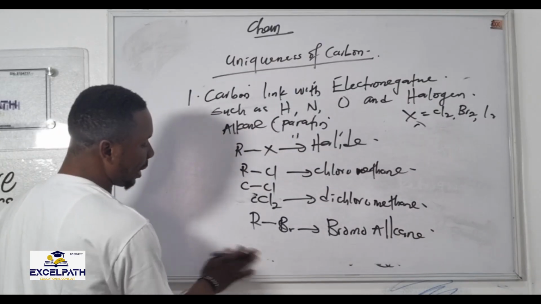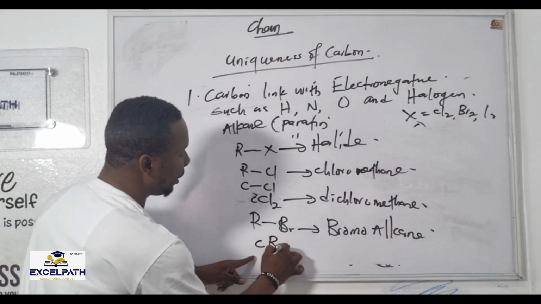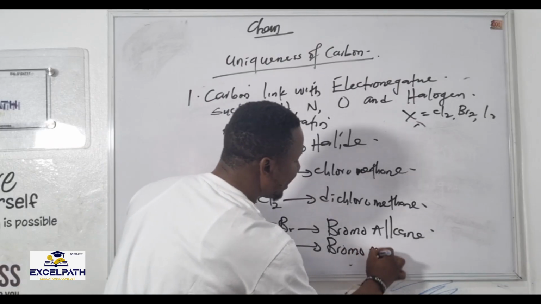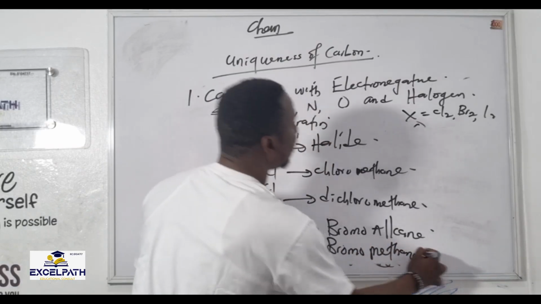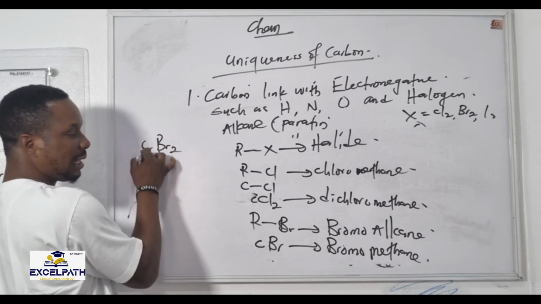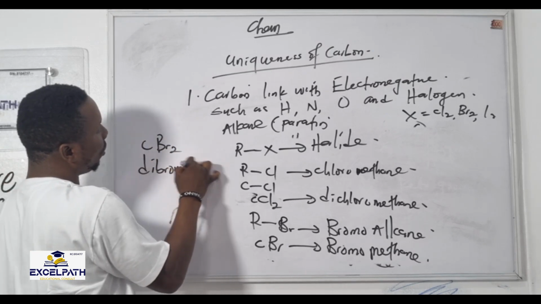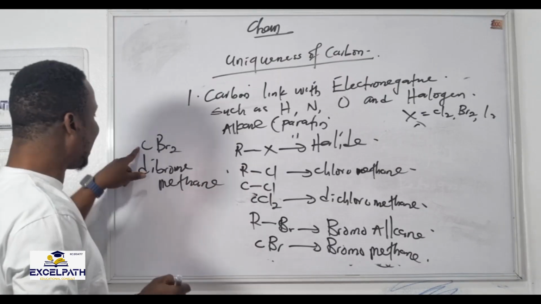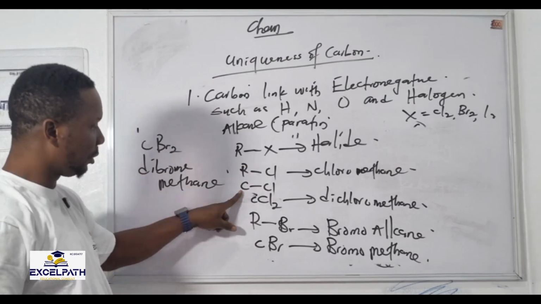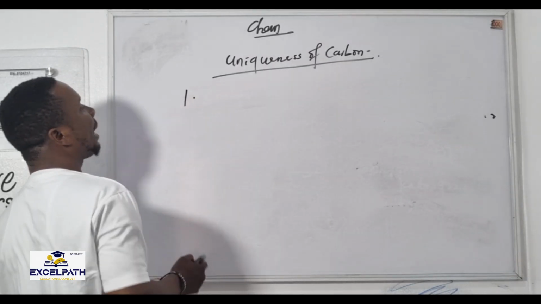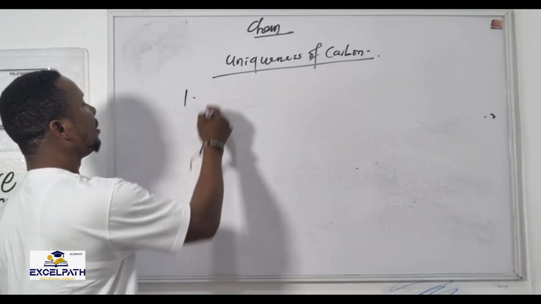But if it is only one carbon that links with bromine, it's called bromomethane. If there are two bromine, you're going to have dibromomethane. Why are we saying methane? Methane has only one carbon.